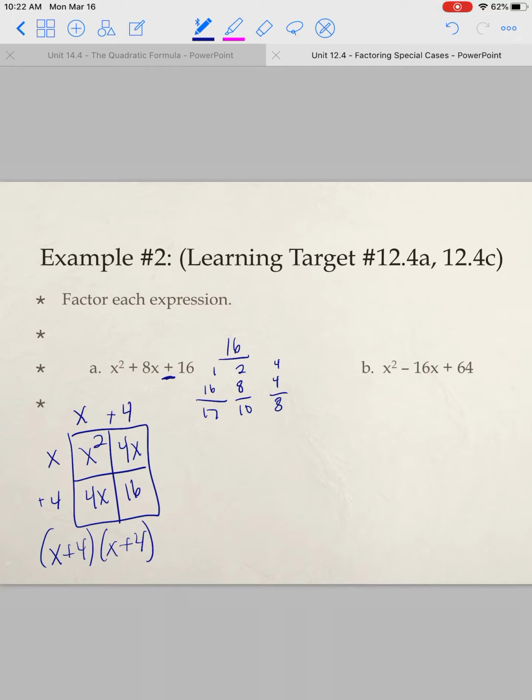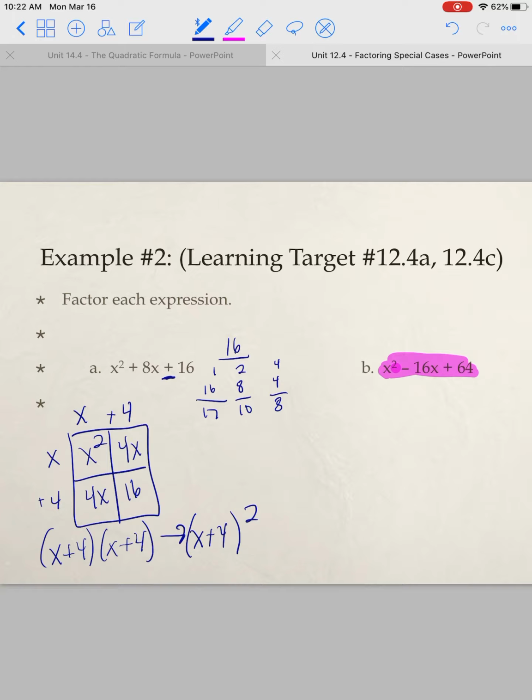All right, and I want you to do b on your own, which we knew this would be x plus 4 squared. I want you to do b on your own, and I want you to pause the video and do this part right here on your own.